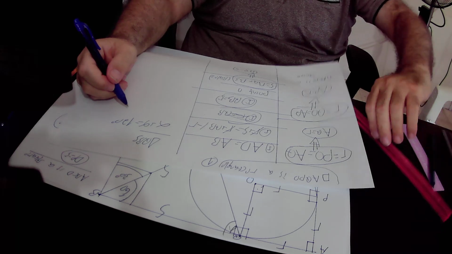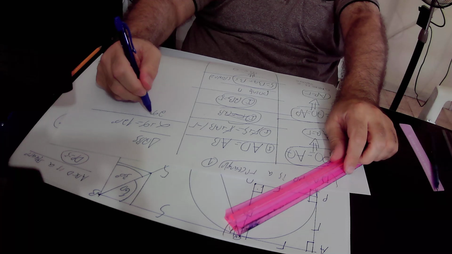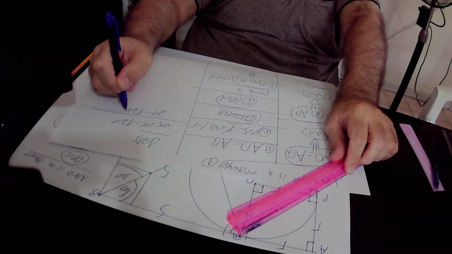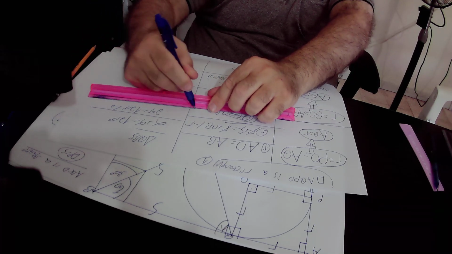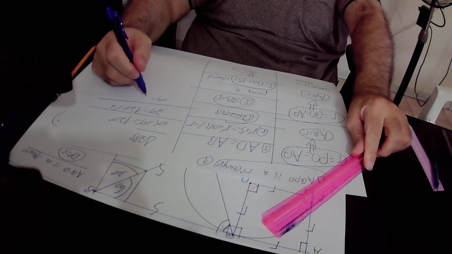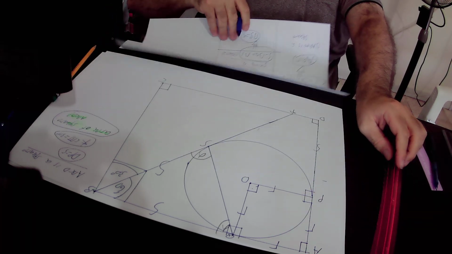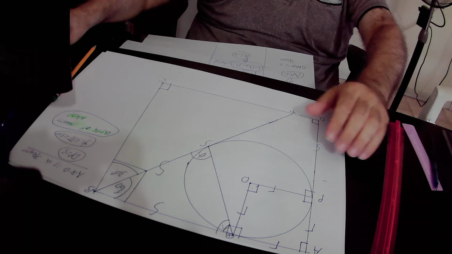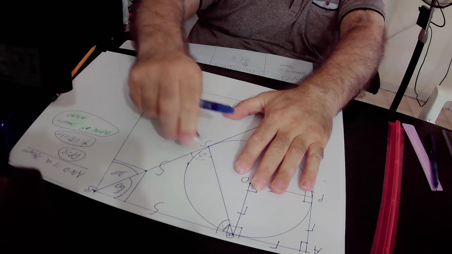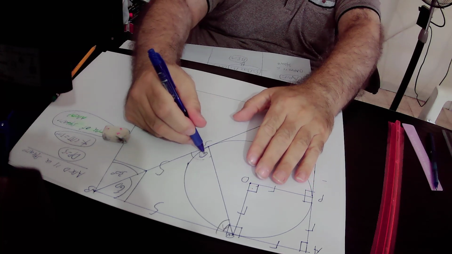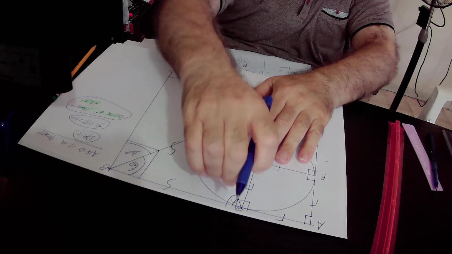So 2 alpha equals 120 degrees. We divide this equation by 2, and we get that alpha equals 120 degrees over 2, which is 60 degrees. So angle alpha equals 60 degrees, and this is also angle alpha that is equal to 60 degrees.